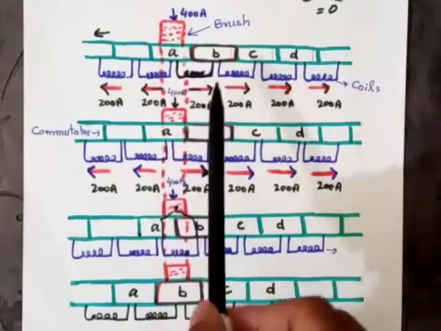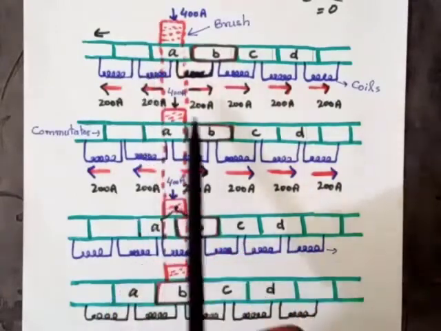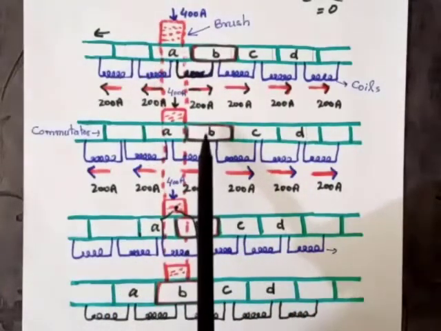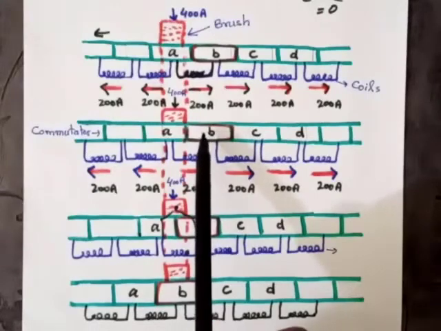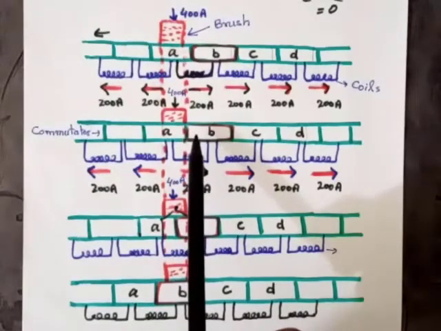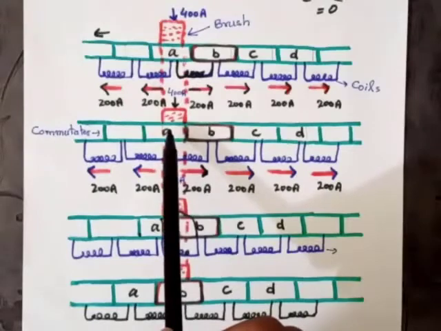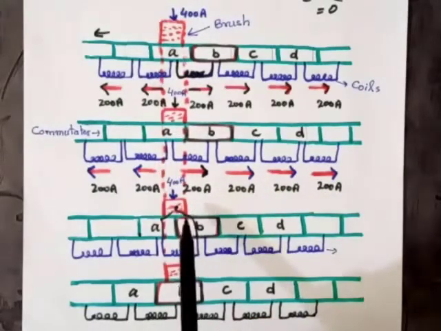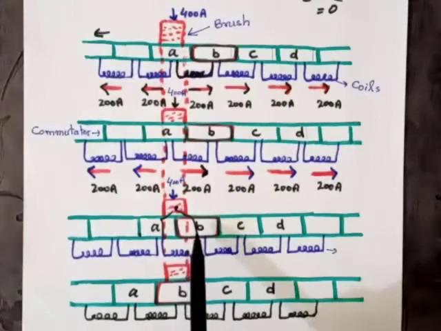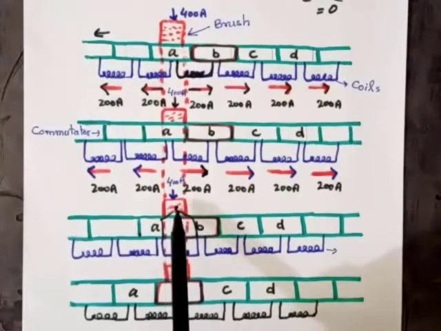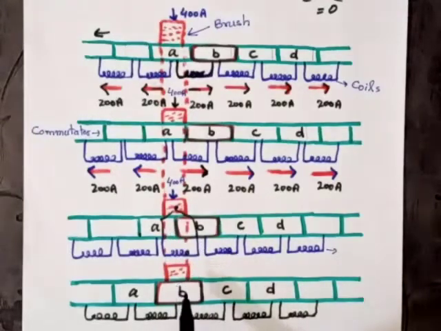As you can see in this figure, when the commutator segments rotate, the commutator segment B will become near to the brush, and when it rotates further, it will partially connect with the brush, and in further rotation, it will fully connect with the brush.